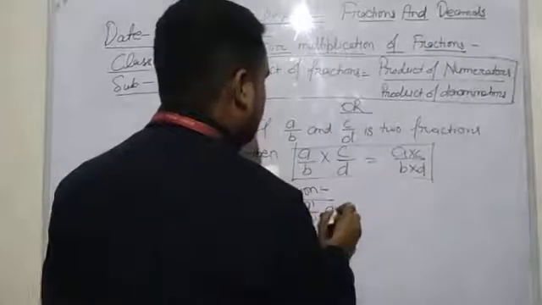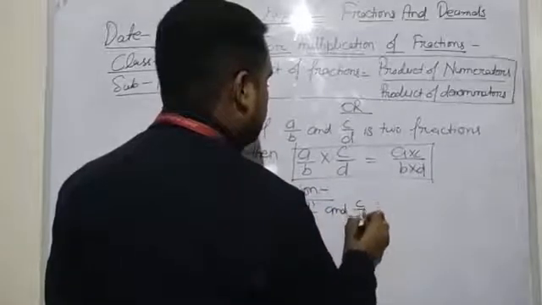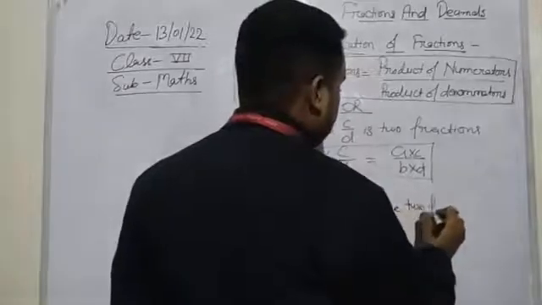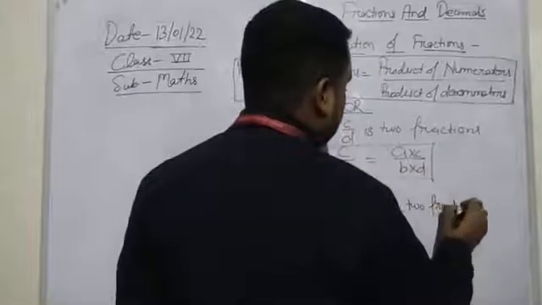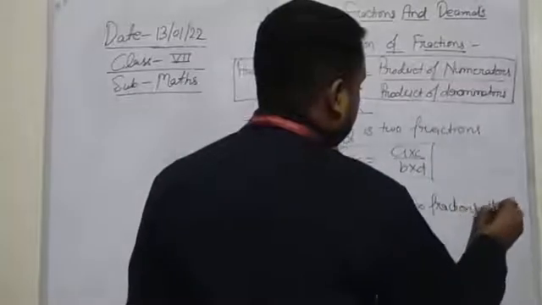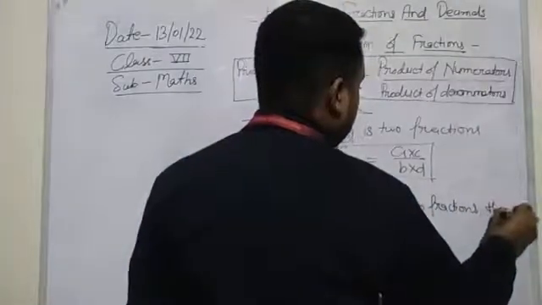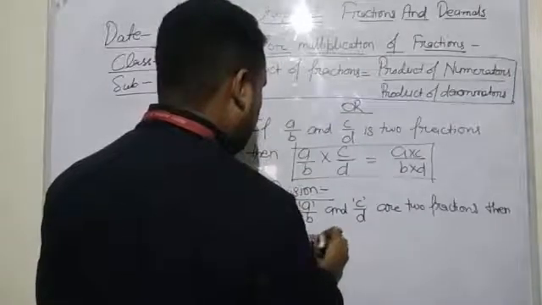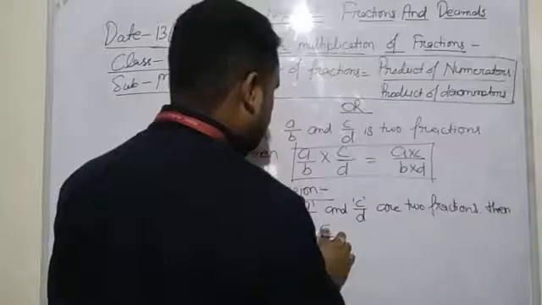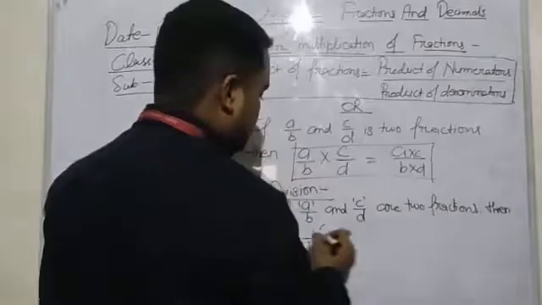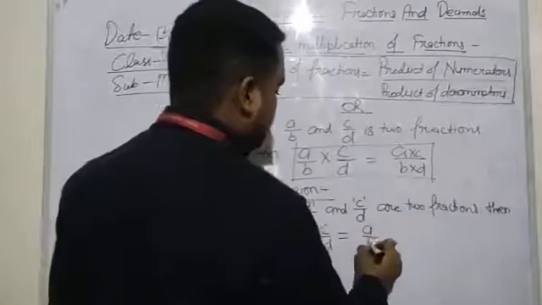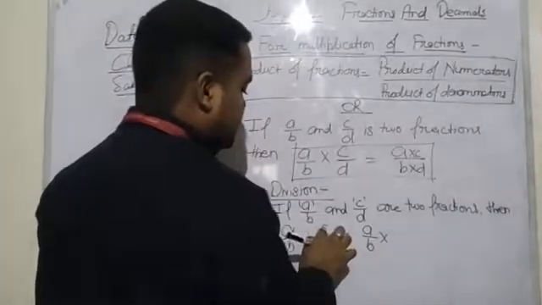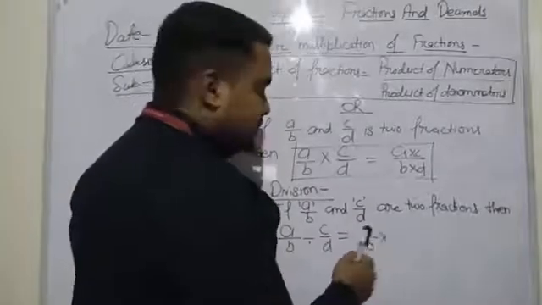If A by B and C by D are two fractions, then A by B divided by C by D. So for division, this division sign changes into multiplication sign, and we write the reciprocal of the fraction which comes after the division sign.